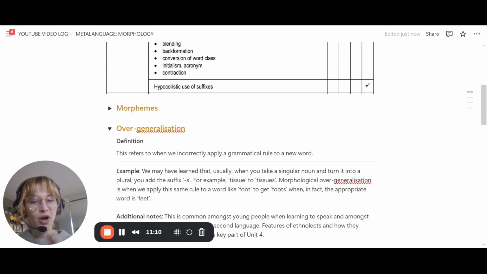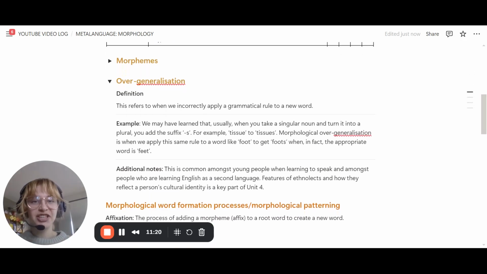Let's talk about overgeneralization. So this is part of year 11 child language acquisition, I think, which is super fun and interesting. But I digress. Overgeneralization is when we take a grammatical rule that we've learned, but we then extend it to new words that it doesn't apply to.